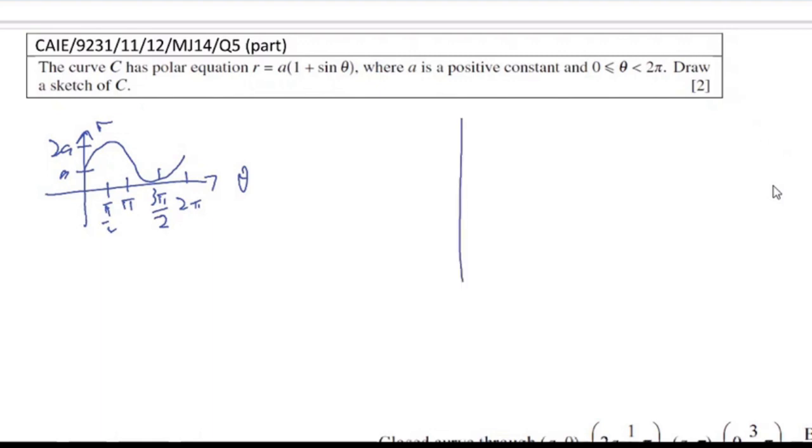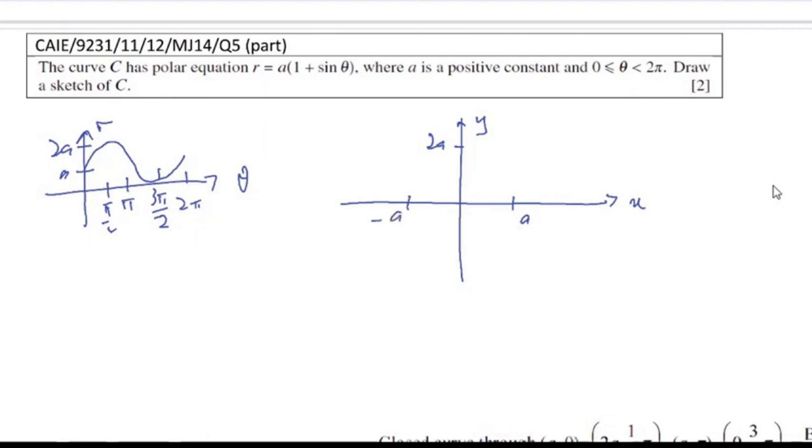So for sketching the graph here, we know that when theta equals 0, which is the initial line, r is a. Then when theta is pi over 2, we have 2a here. Later on, when you go to pi, r becomes a again.